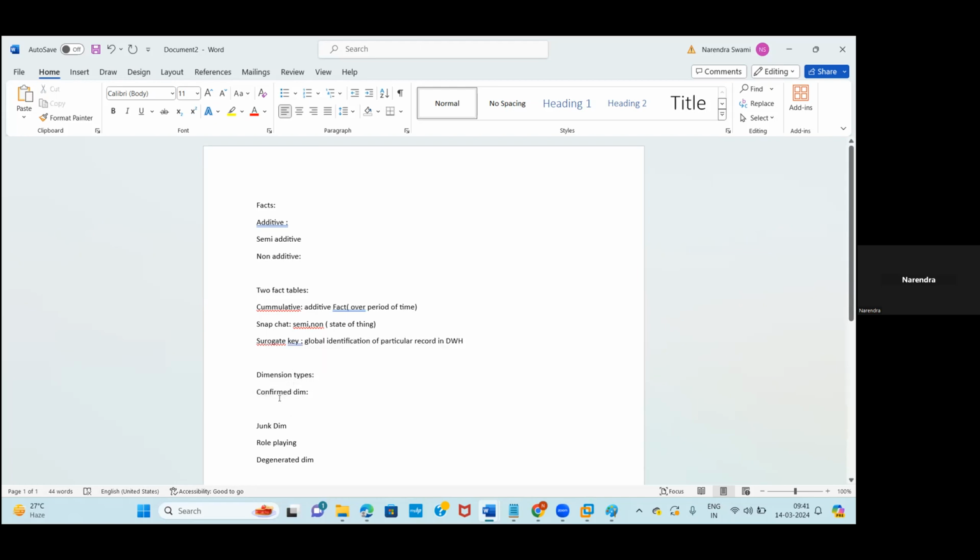What does the definition mean, and what is an example of this? Let me take an example.